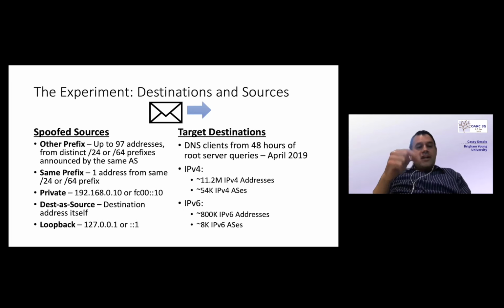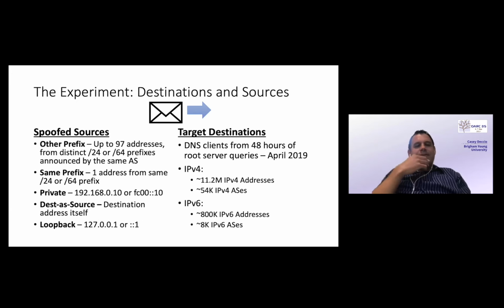In the same prefix category, we sent a query claiming to be from one address within the same /24 or same /64 prefix. Then we sent a packet claiming to be from private address space, so 192.168 and FC00. That actually should have been FD00.